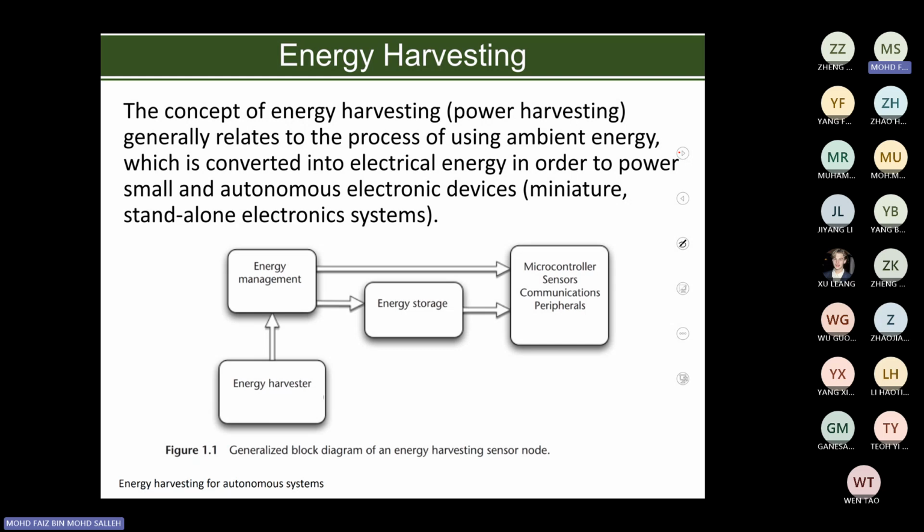And then, if you have harvested the energy, you also need to store the energy to use for the whole system, so you also need a battery. Then you can power up all the electronic components like the sensor and microcontroller. You can go direct or you can go through the storage to be used in your electronic device.